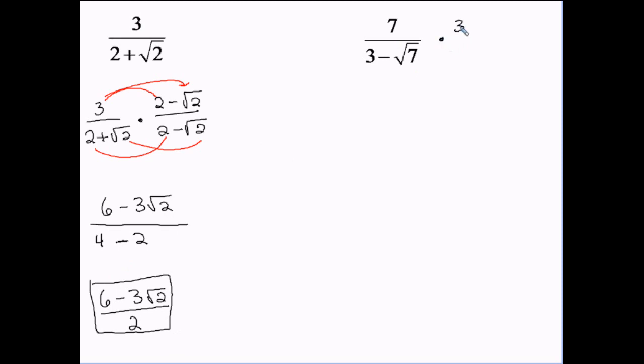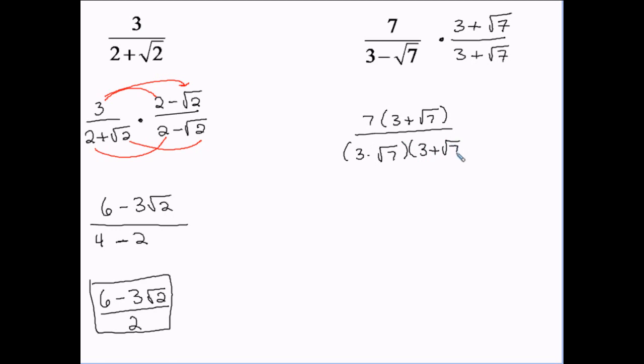On this one, I'm going to multiply by plus the square root of 7 because it was minus the square root of 7. I'm going to distribute that 7. Actually, I'm going to rewrite this one just in case visually it's a little confusing. Okay, now I'll distribute the 7, and I get 21 plus 7 times the square root of 7.